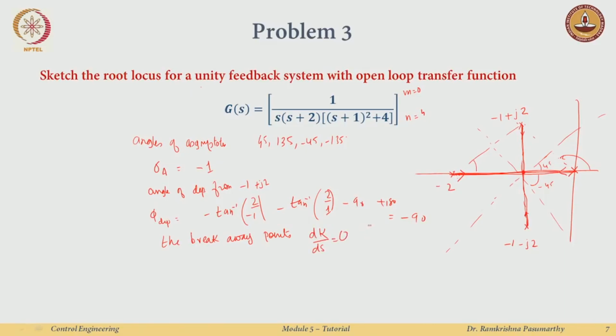Okay. So, this means I will have of course one breakaway point at minus 1 and I will also have breakaway points at minus 1 plus minus j 1.22. So, this is 2, this is 1. So, I am having breakaway points even here, something more interesting happening.